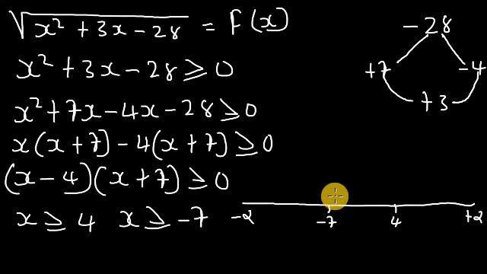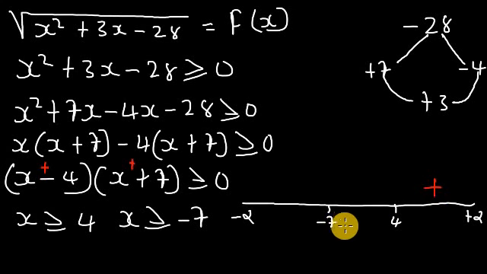Otherwise, it must be eliminated. Let's consider 5, which is between 4 and positive infinity. If I plug in 5, 5 minus 4 is positive 1, and 5 plus 7 is positive. Positive times positive is positive, and any positive value is greater than 0. So I have a positive value here.